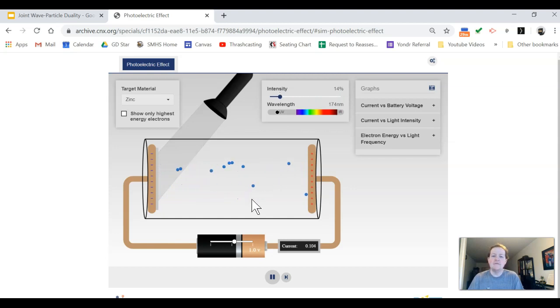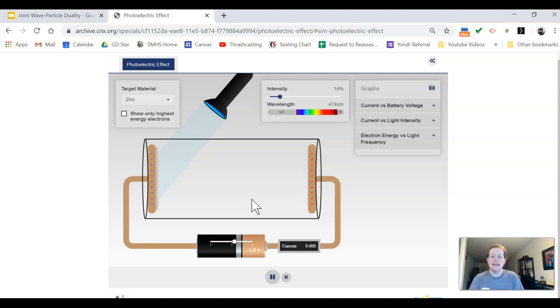But what Einstein found out, and this is really the nail in the coffin for the classic wave properties of light, at least to the extent we're going to get into, if instead of ultraviolet, if instead Einstein shined blue light, nothing.